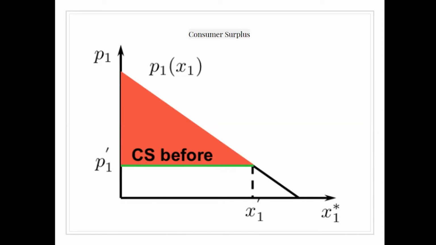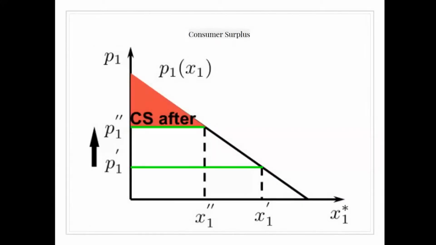And there is a business decision in which the management of the firm will increase the price of this good for whatever reason. So if they increase the price of the good, the green line that describes the level of this price, P1 prime, will increase to P1 double prime. So now you have a higher price.